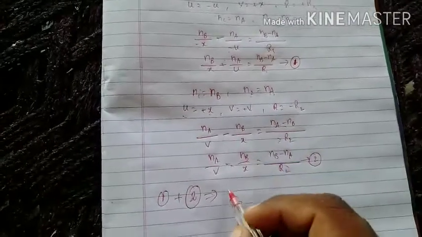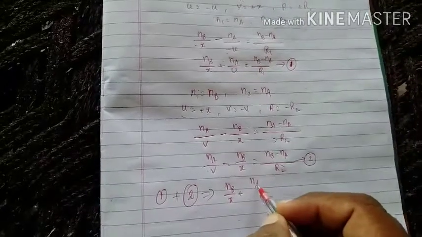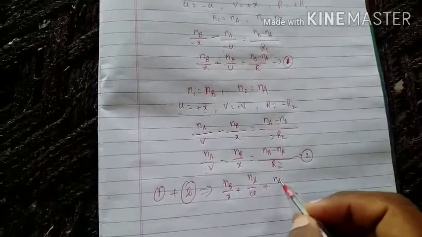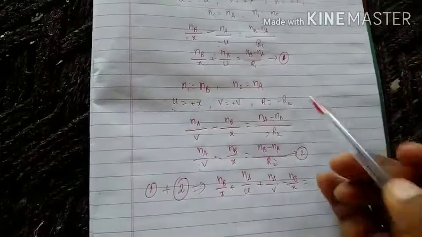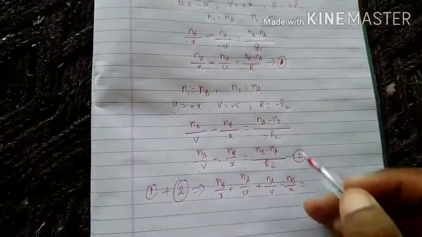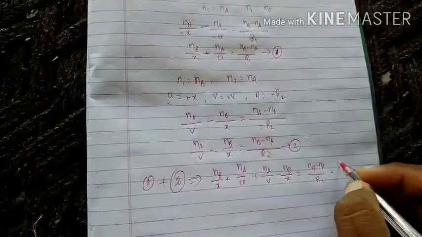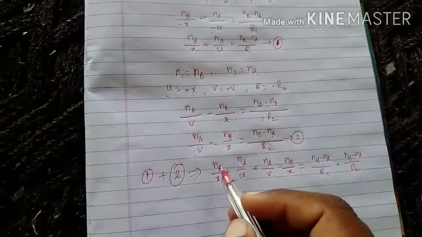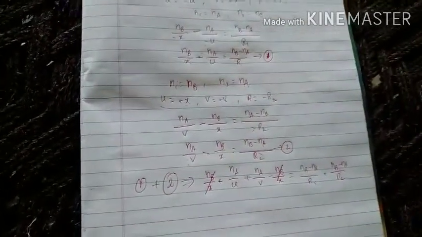Here LHS is NB by X plus NA by U, plus here LHS is NA by V minus NB by X. Now RHS, NB minus NA by R1 plus NB minus NA by R2. Now here NB by X minus NB by X will get cancelled. The two will get cancelled.